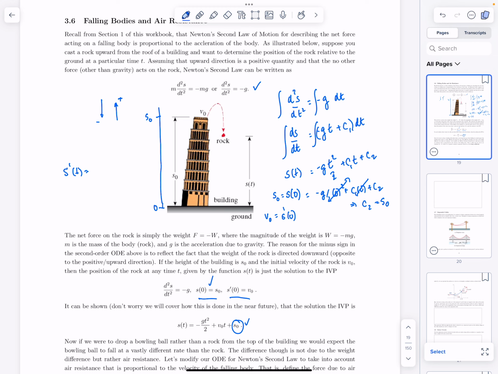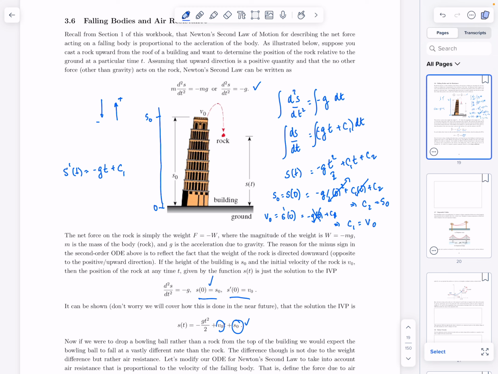Minus g, and the derivative of t squared over 2 would be t, so we just get minus g t plus c1, because the derivative of the constant c2 would be 0. So when we plug in 0 for that derivative function, we get minus g times 0 plus c1, and the first part is nothing but 0. So this says that c1 is the initial velocity, and that's what we have here.